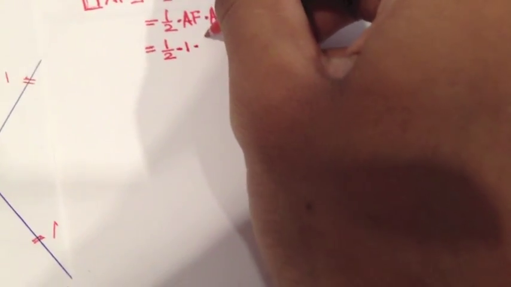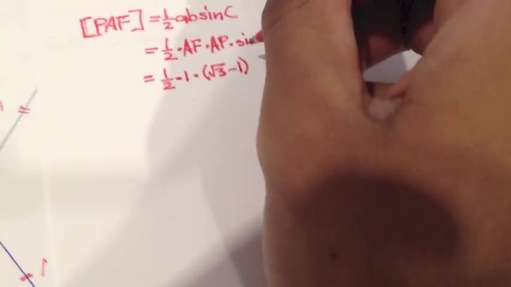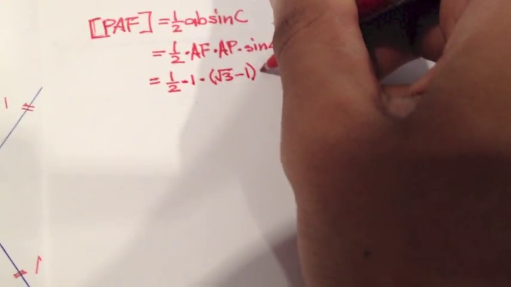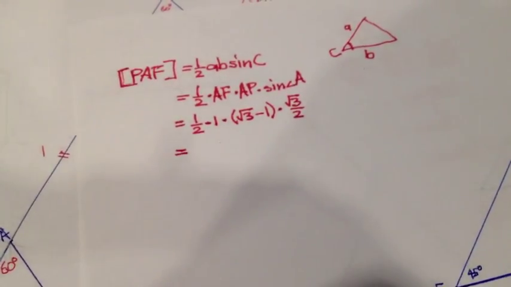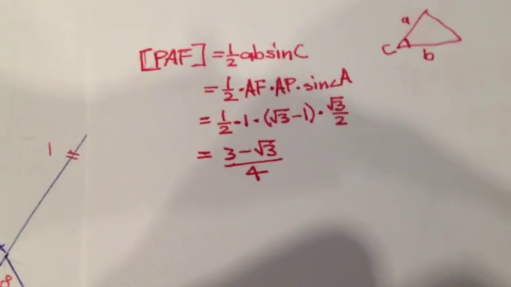AF is simply 1. AP is √3 minus 1. And sine A, which is sine 60 degrees, is √3 over 2. So this gives us that the area of the triangle is 3 minus √3 over 4.